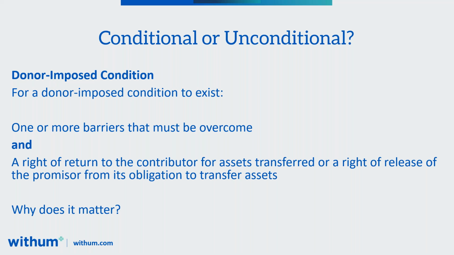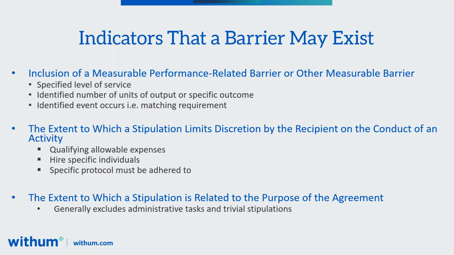So on the next slide, we talk about indicators that a barrier may exist. First, inclusion of a measurable performance-related barrier or other measurable barrier. So the key is that it's measurable. To the extent that an award includes a specified level of service, you must provide 200 meals, or you must provide 400 visits, it's measurable. That's an indicator that the agreement includes a barrier.